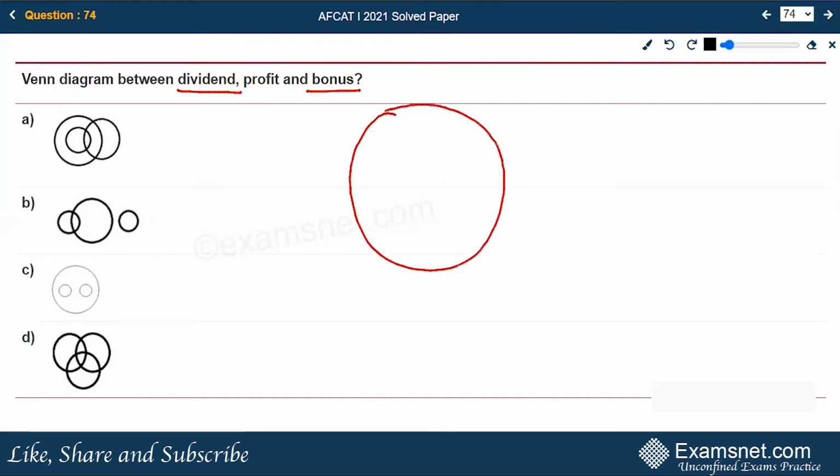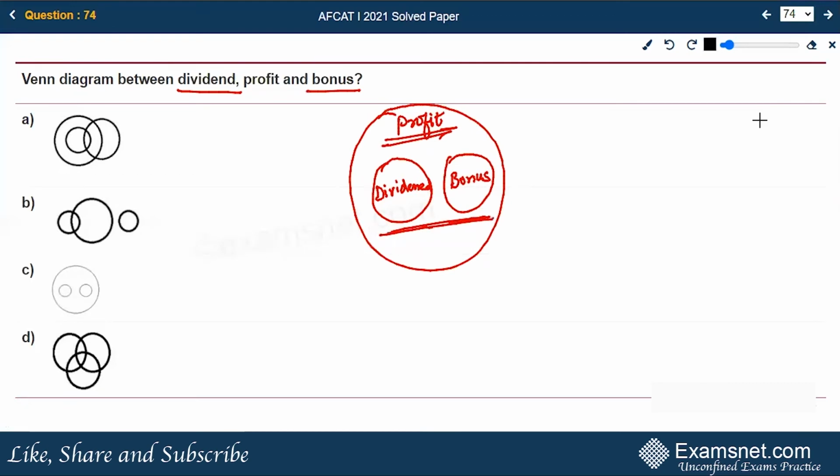So this is the set profit. The profit can be in the form of dividend or bonus, but dividend and bonus don't have anything in common. They are entirely different things. So the correct option to this question is option C.